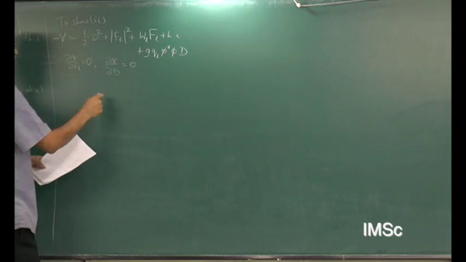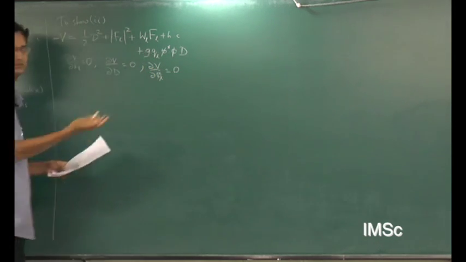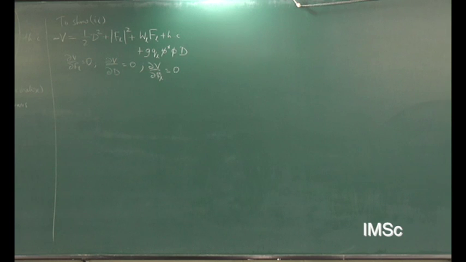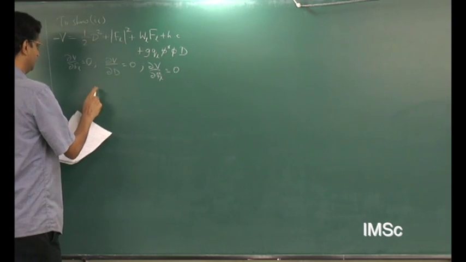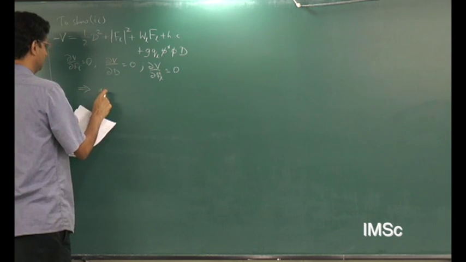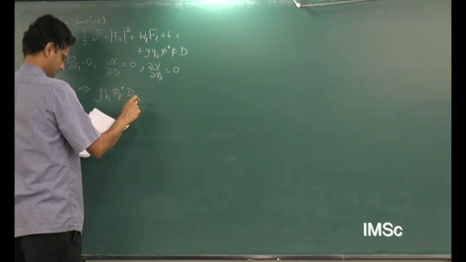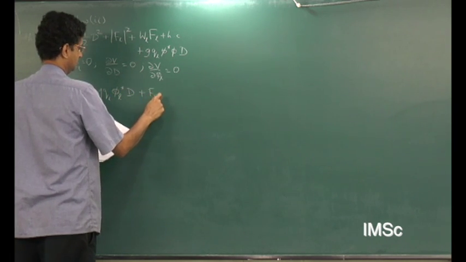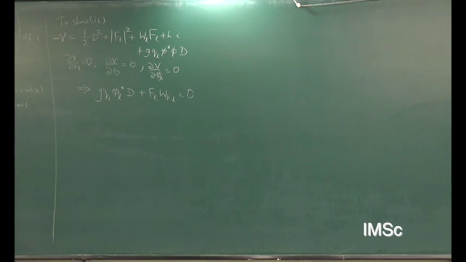And then of course dV/d phi_i. So you impose these conditions, that this be at a minimum. And then we'll just find that all of these three just imply this condition.